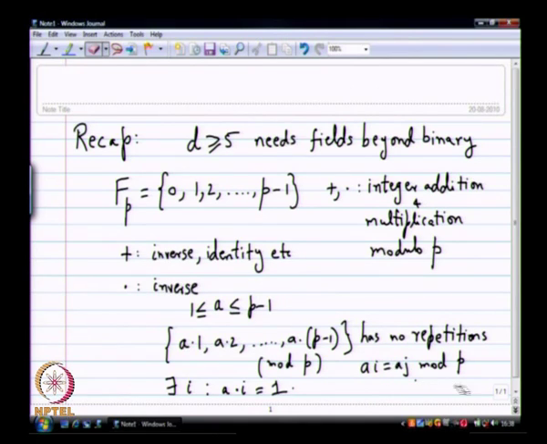Remember both i minus j and a are less than p, and the product has to be 0 modulo p, which means the only way it can happen is if p factors. Since p does not factor, this cannot happen. So this implies p can be factored. You have to look at the cases very carefully and make this argument rigorous.